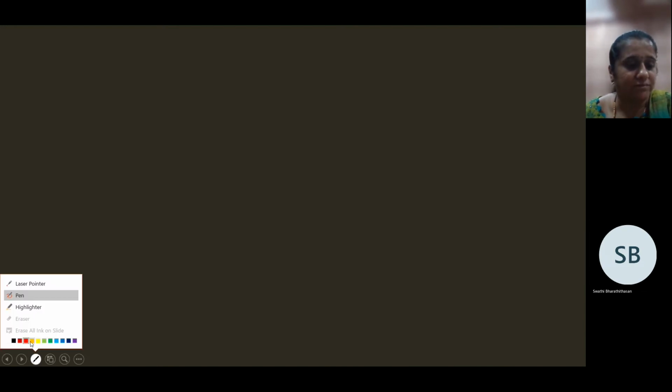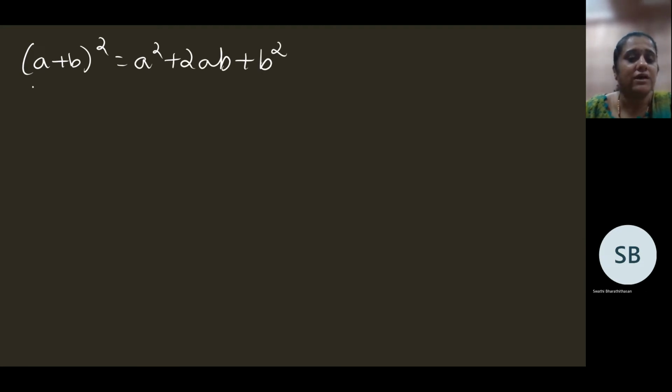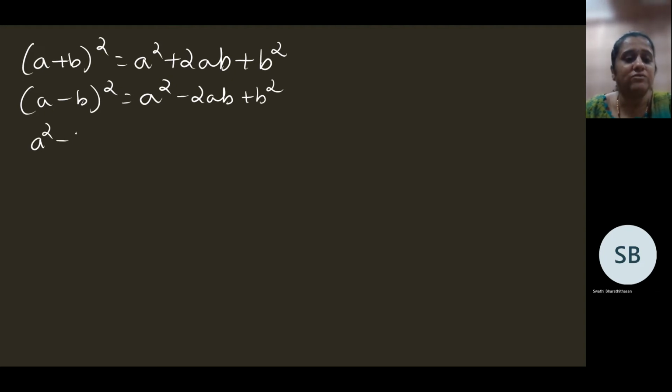So in the YouTube videos which I had shared, you would have come across these identities. Let me just write them. (a + b)² = a² + 2ab + b². (a − b)² = a² − 2ab + b². a² − b² = (a + b)(a − b).